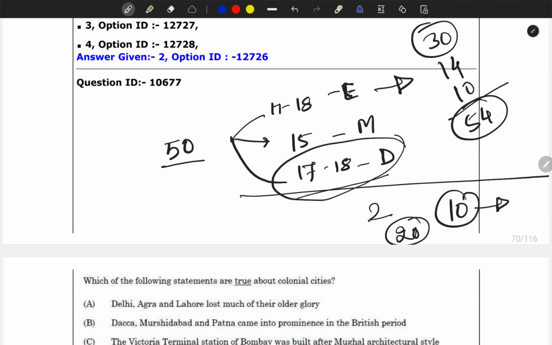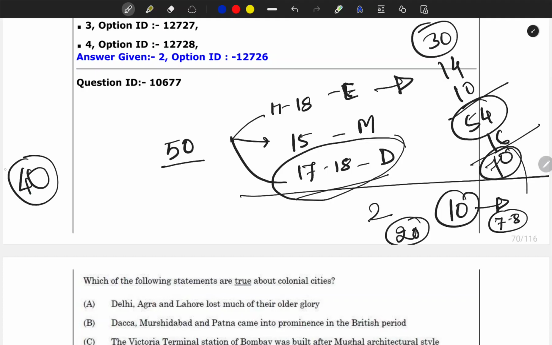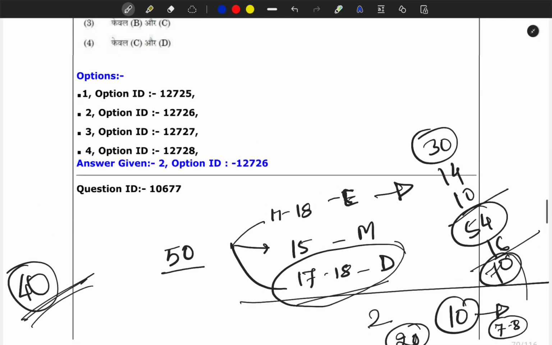You can easily get 7 to 8 questions correct from here, means you can add 16 more marks to that. So you are easily at 70. So out of the rest 40, all you have to do is get at least 20 of them correct. Okay, this is the mathematics, and this is how I actually approach the question paper.